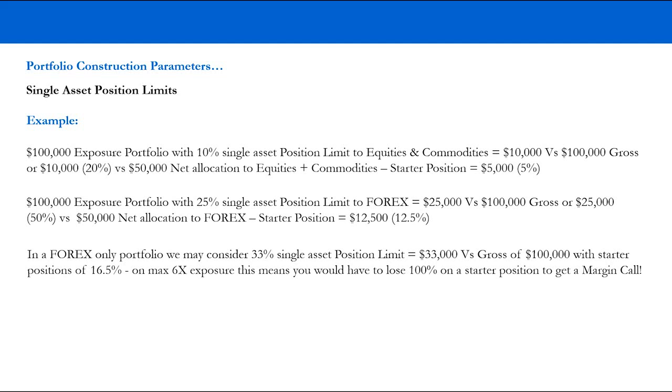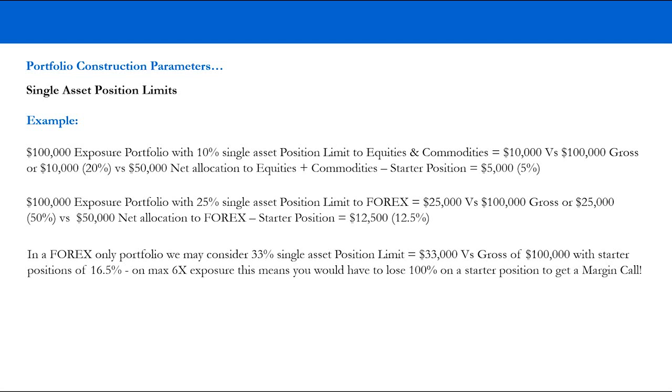So single asset position limits, what does that mean? Well, it's putting a proportional limit on one position versus the rest of the portfolio. And we do this in percentage terms.